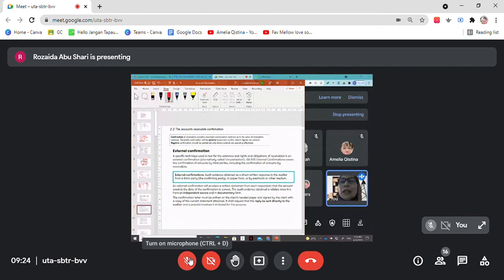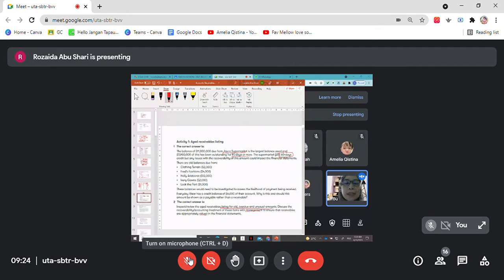Okay. Then in terms of the confirmation, for the account receivable, after you discuss with the management the recoverability and accounting treatment of this item to ensure that the receivables are appropriately valued.